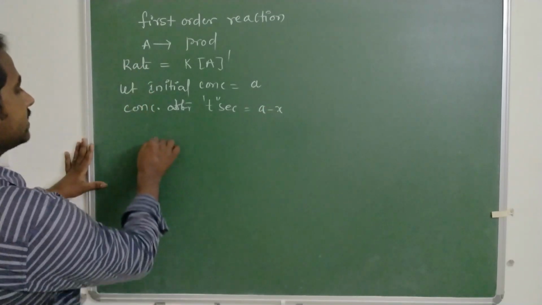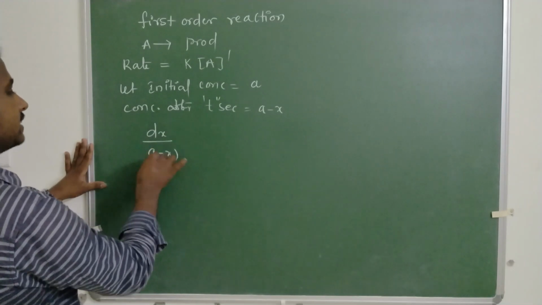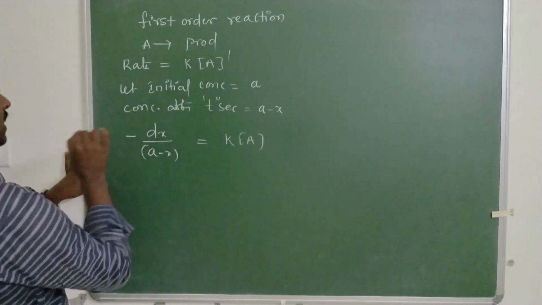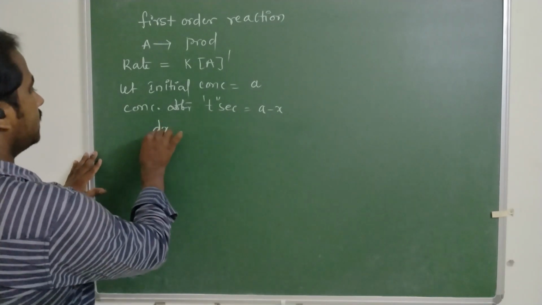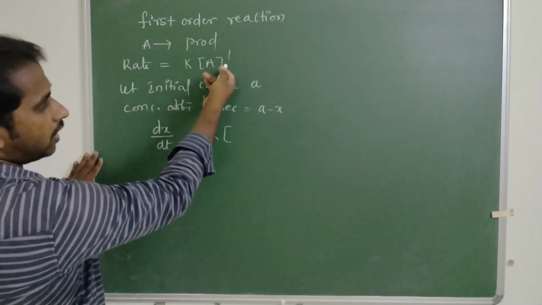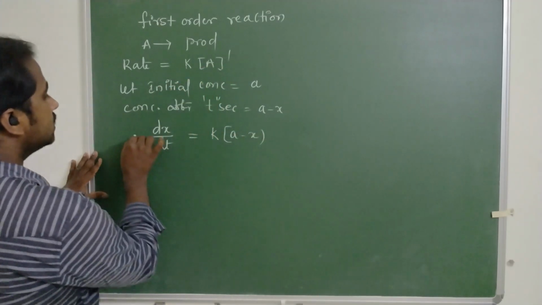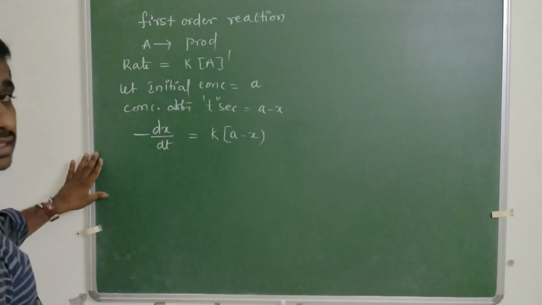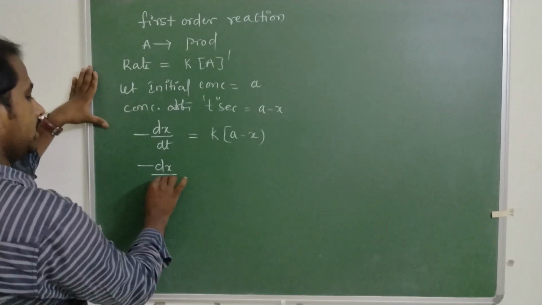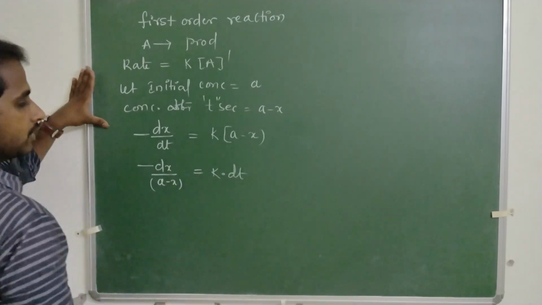We can write the rate dx by dt is equal to k into (a minus x), since after t seconds a becomes a minus x. The rate of reactant decreases, so minus dx by (a minus x) is equal to k into dt.